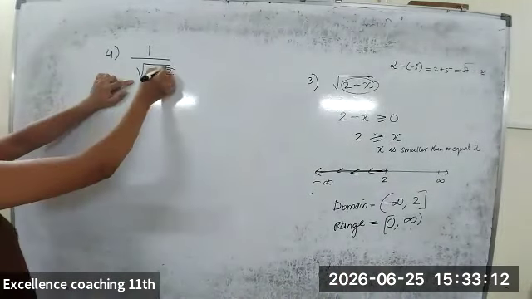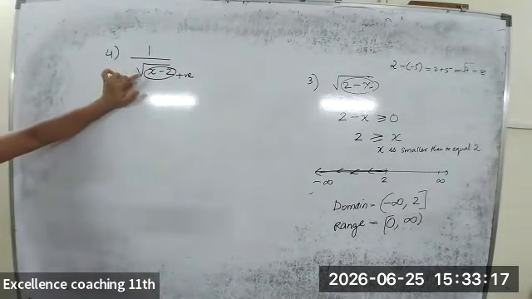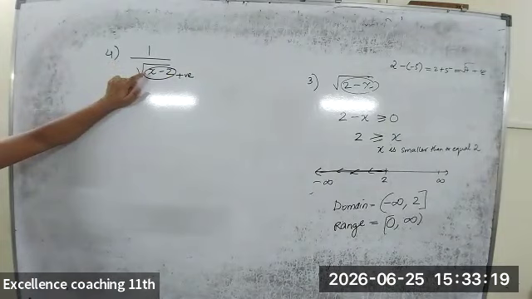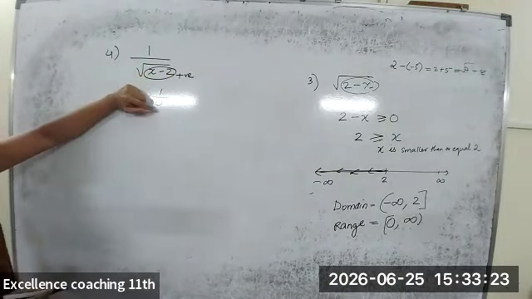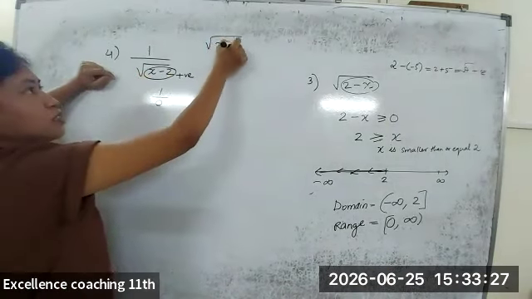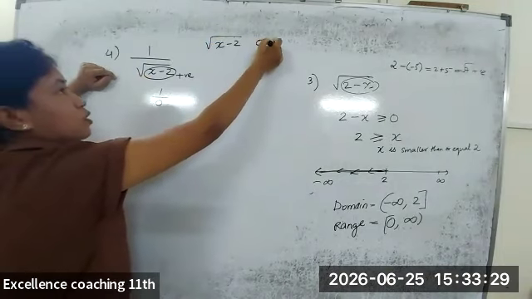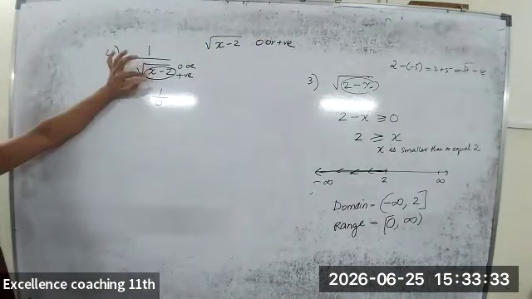Now here, you know that this always has to be positive. So can I start with 0 here? Can x minus 2 be 0? What will happen? If I take 0, 1 upon 0 it will become. When this was in the numerator, it could be 0 or positive. Can I say 0 or positive over here now?